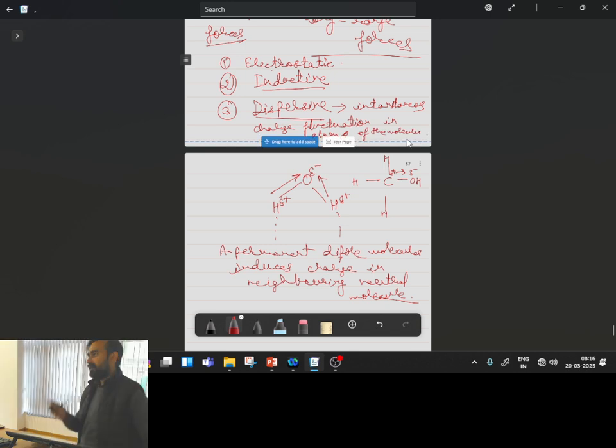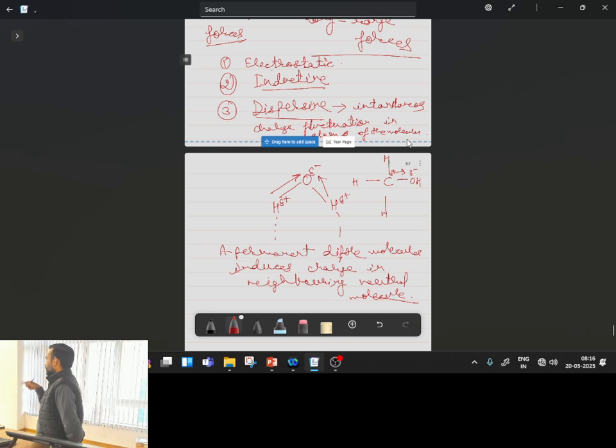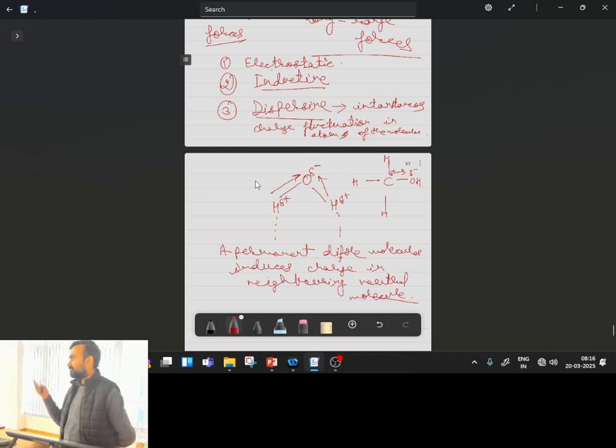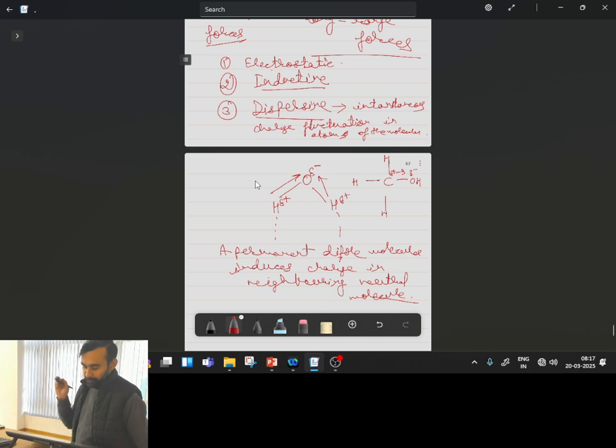We know that around the atoms, electrons are continuously oscillating. In certain conditions, if an electron moves out of the field or enters the field of another atom, some temporary charges are induced. These temporary charges do not stay for long; they come frequently. This type of fluctuating charge on the atoms comes under the dispersive effect.